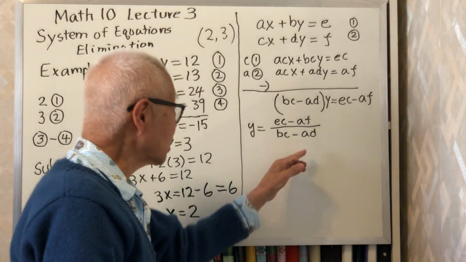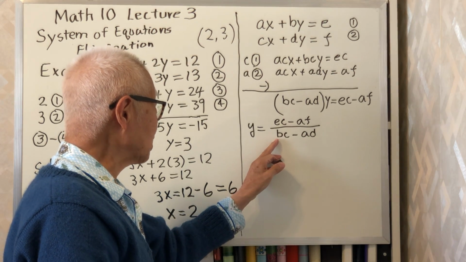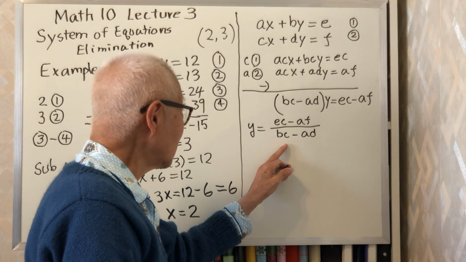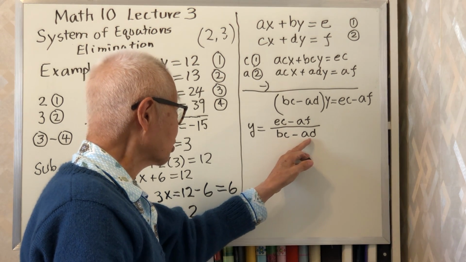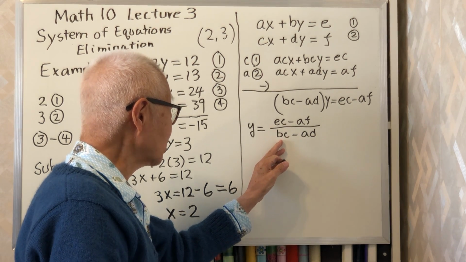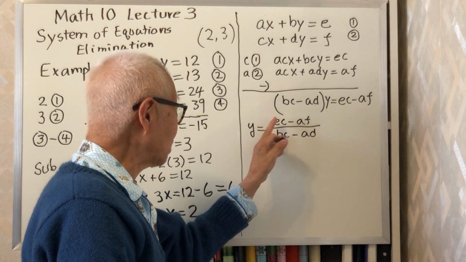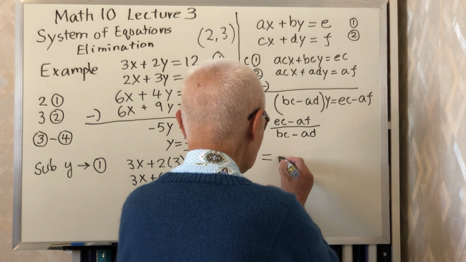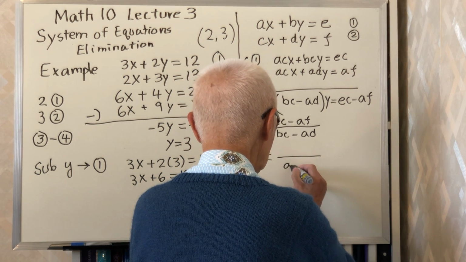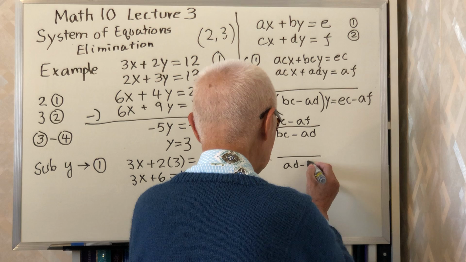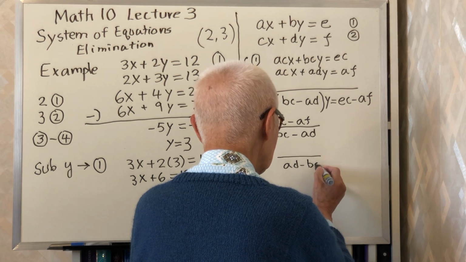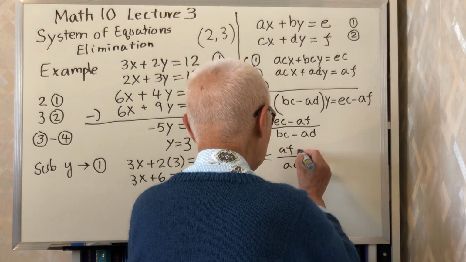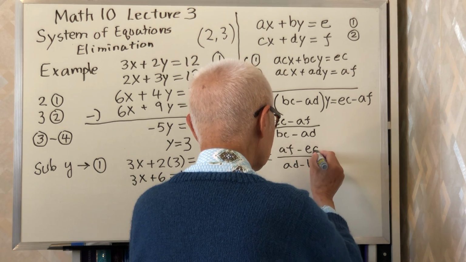Let's turn this around. Instead of BC minus AD, let me write AD minus BC. And of course, I cannot just turn it around in the denominator. I must do the same thing to the numerator. So I can rewrite it: AD minus BC and AF minus EC.